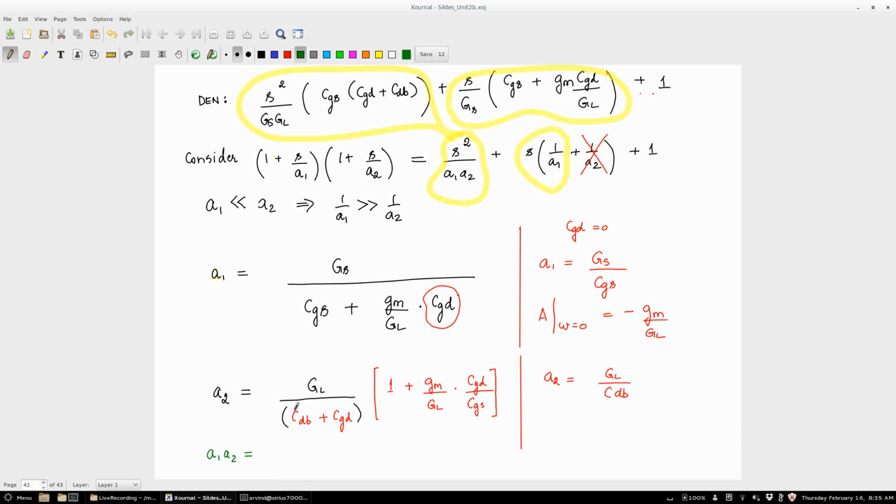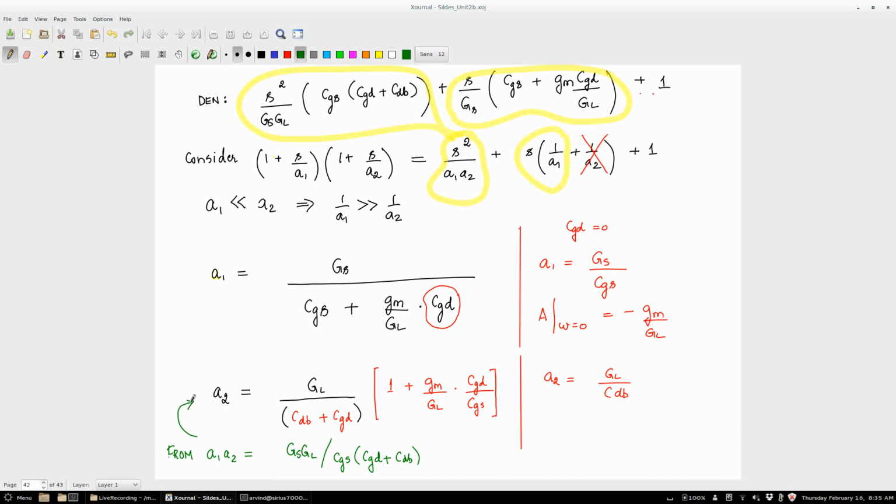The poles are at minus A1 and minus A2. How did you get this? So we have an expression for A1 and you said that A2 is basically the coefficient of this S squared term.